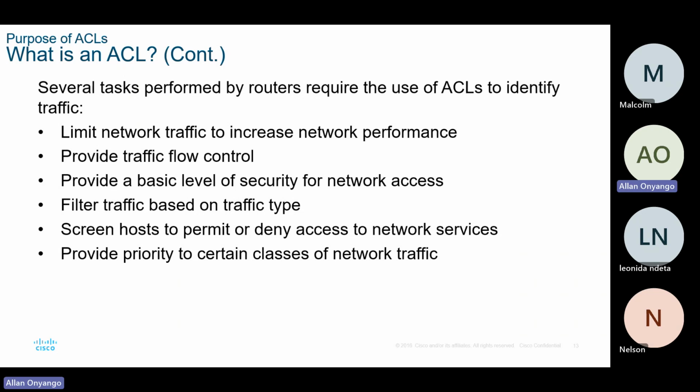ACLs could also be used to filter traffic based on traffic type, and we're going to talk about that. And of course, ACLs could also be used to screen hosts to permit or deny access to network services. ACLs also provide priority to certain classes of traffic, unlike others.